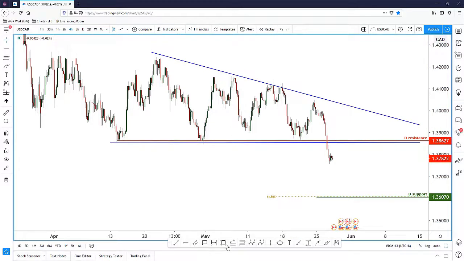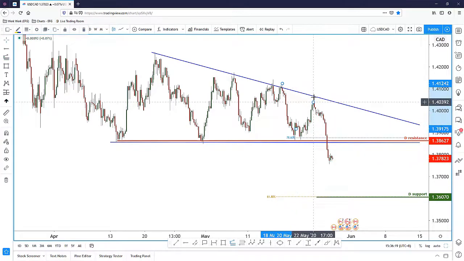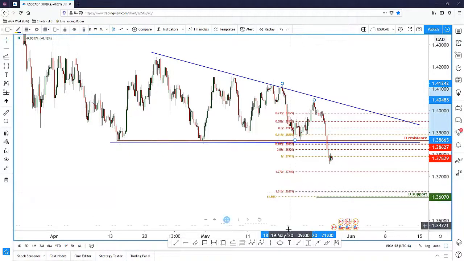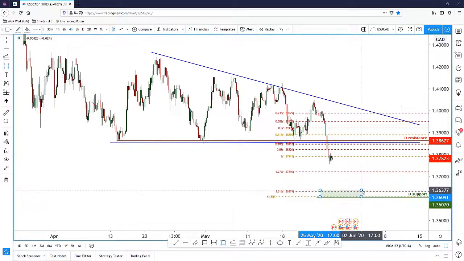We use an extension for the zigzag pattern, and we open up all Fibonacci ratios. And we see that the 161.8 actually falls quite close to where our daily support is.